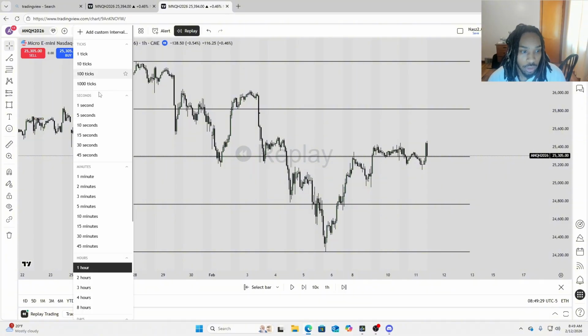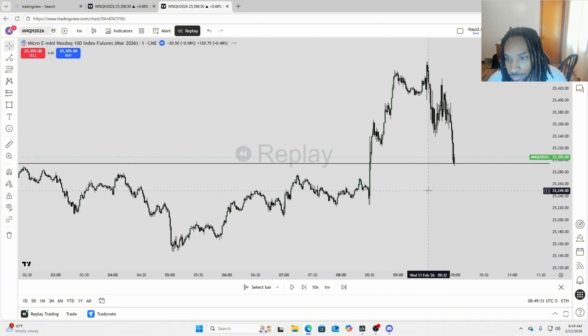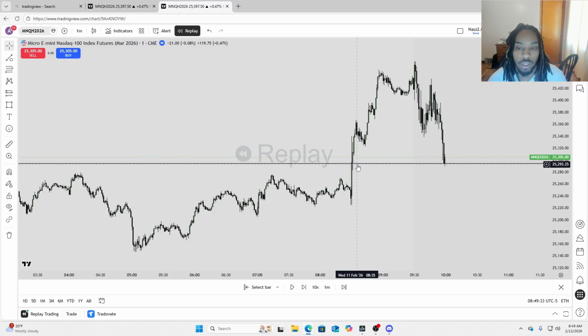Let's go on the 1 minute chart real quick. So this right here is that 50% mark. If we traded above 50% at 9:30, we typically know the best trades happen between like 9:50 through 10, the first 15 minutes of 10 o'clock.